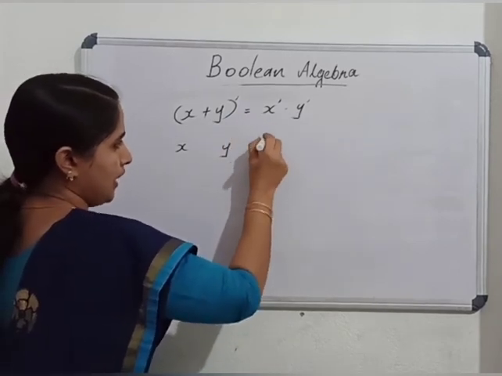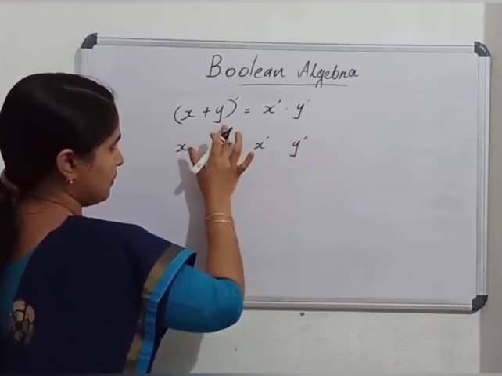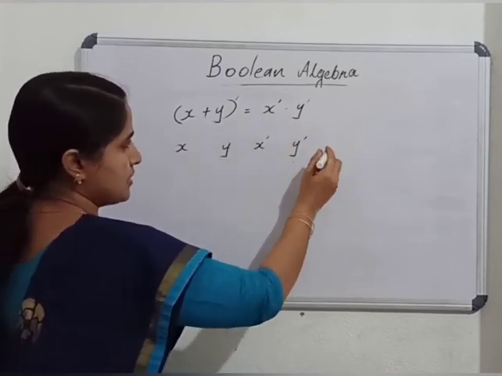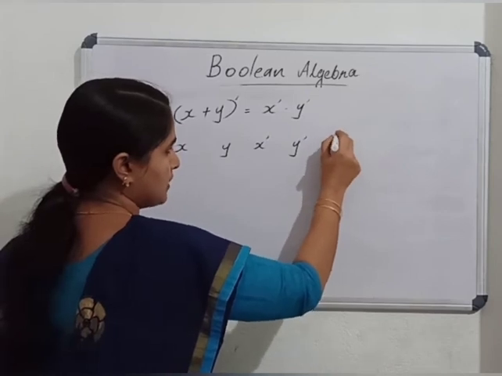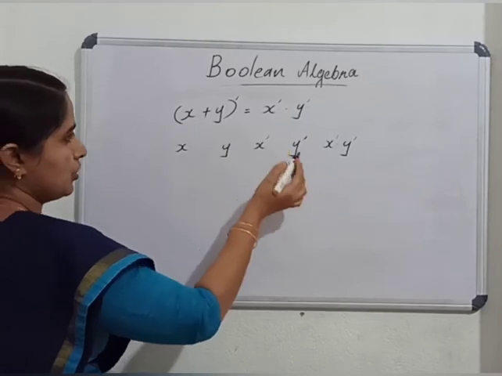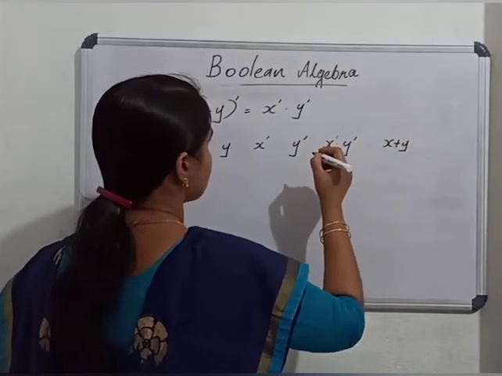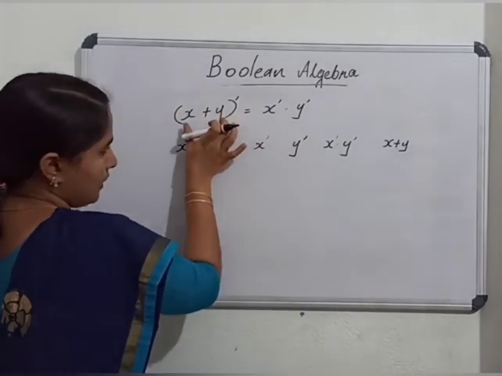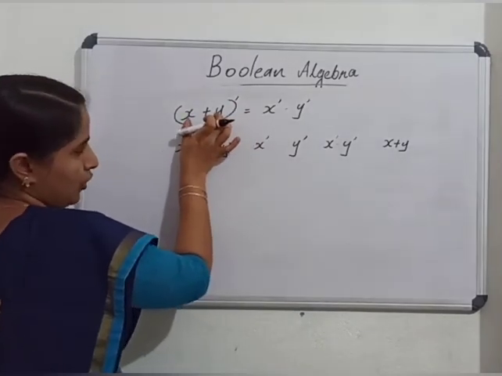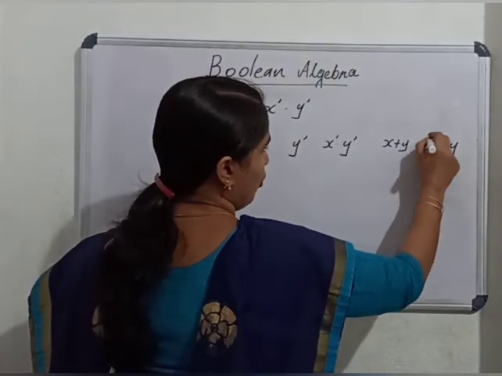So give one column for x bar, one for y bar. Next priority for and. So you give x bar and y bar. Another column. Next you give x or y. Next whole bar. This is whole bar, so we are first giving priority for x or y. And next is x or y whole bar.